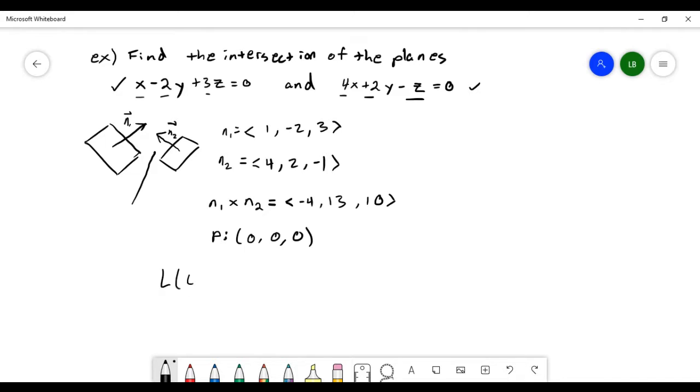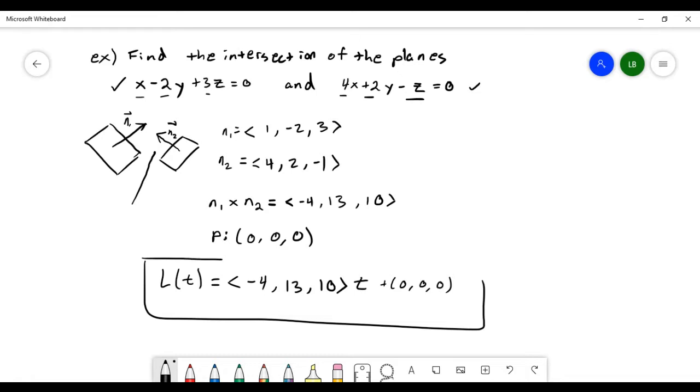And that tells us that an equation of the line for our intersection would just be the parallel vector times t plus our point. And of course, because this is just zeros, you could omit it like that. Make sense?